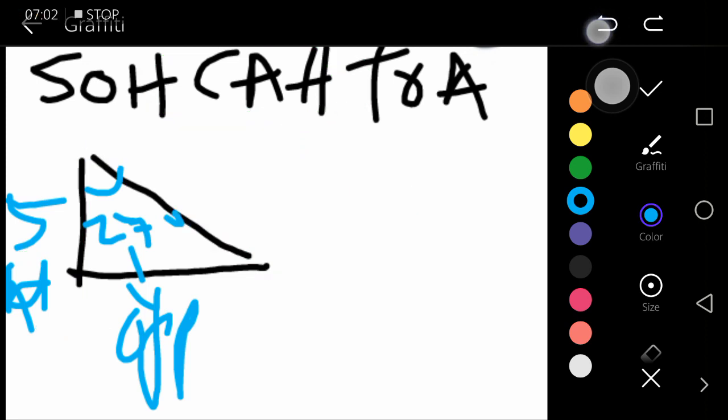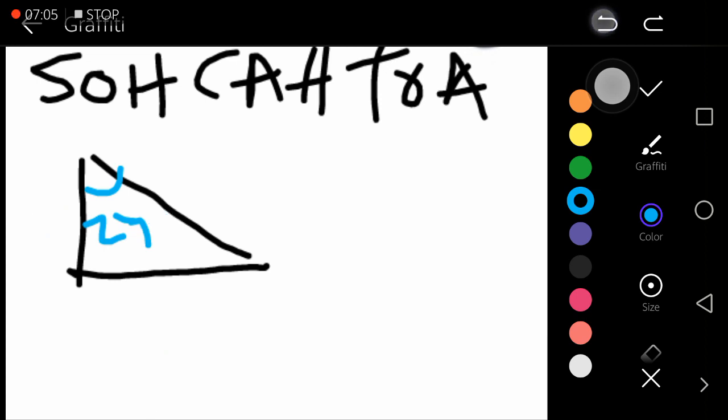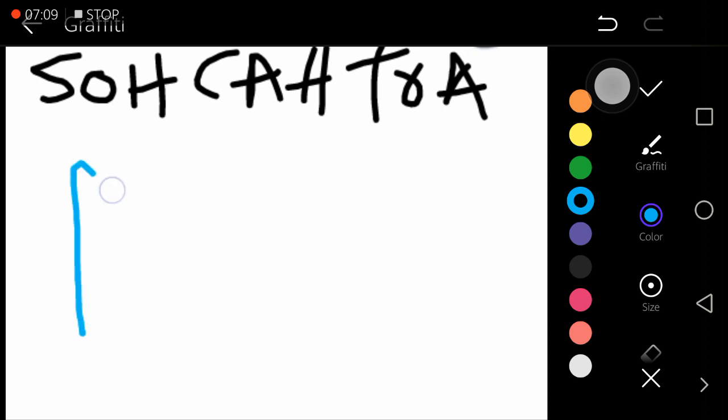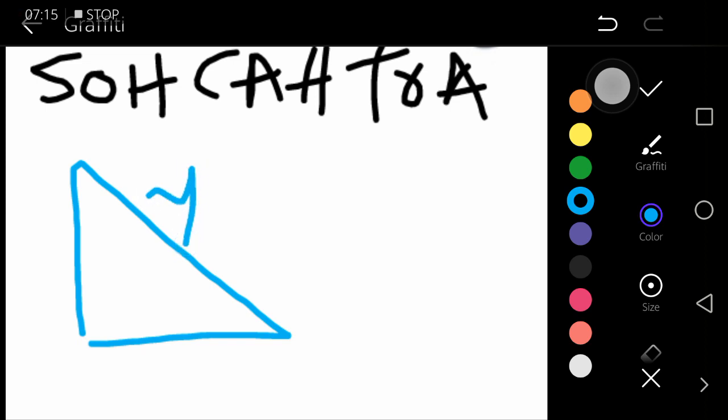Next example. Again, the triangle: the given number is y, the missing hypotenuse, and x is also missing, the opposite.